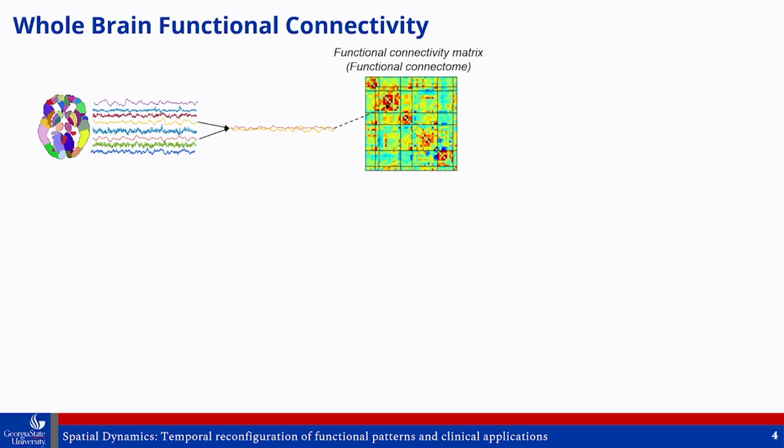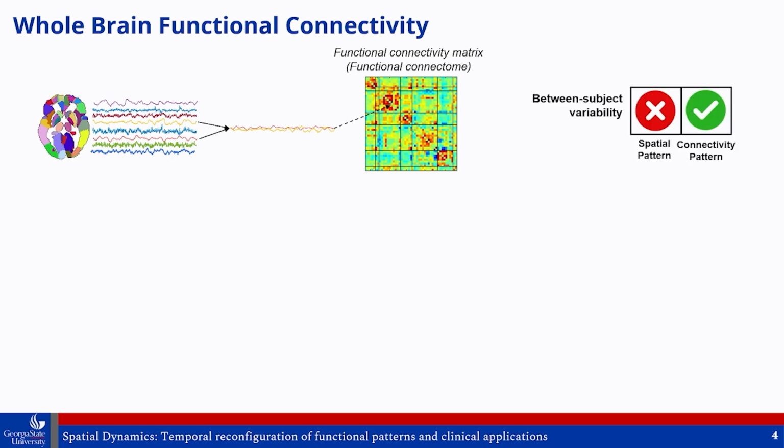So we get one functional connectivity matrix for each subject, and then we use them to study the brain. While this approach has been pretty helpful, and it considers variation in connectivity pattern, it does not consider variation in the spatial pattern of functional sources.